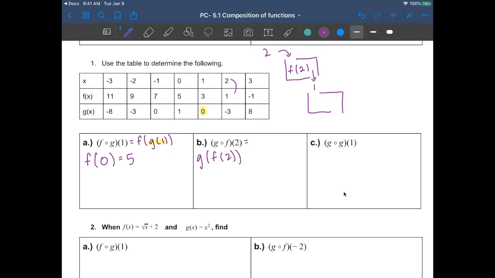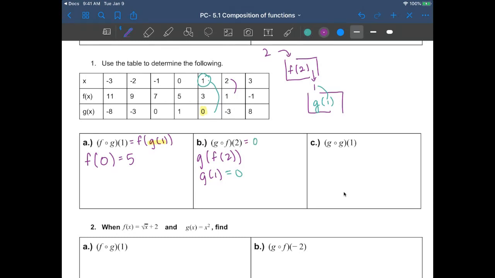So what I get out is 1. So g of 1. Now we plug the 1 into g, so I go over to my table. At 1, g is 0. So g of 1 is equal to 0, or we can say g of f of 2 is equal to 0.